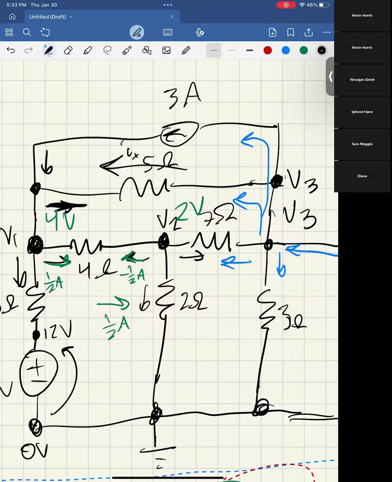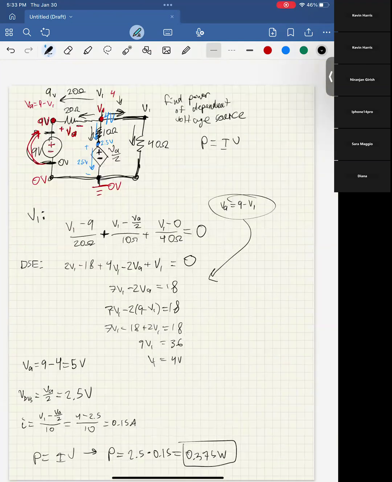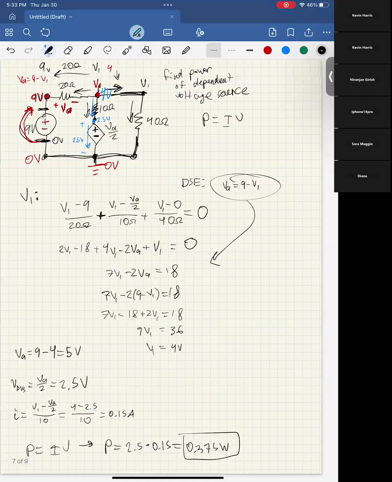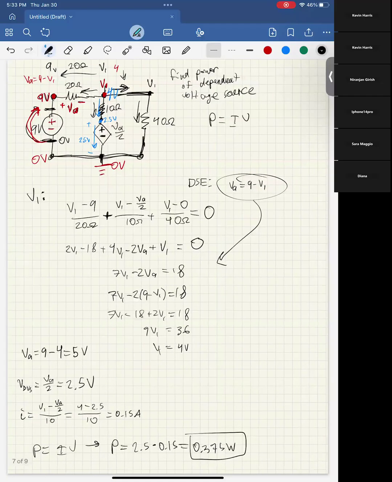Could I re-explain the dependent source equation for the first problem? Sure. Is there another question I can do that will have a dependent source equation that makes a bit more sense?